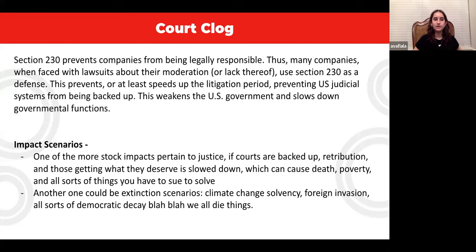But when you affirm the resolution and you have all this influx of court cases, it takes a lot longer to get to any of these scenarios, which can be pretty detrimental considering that climate change is increasing really fast and geopolitical tensions are also increasing really fast. So it's important that as a government we can get to these things quickly and efficiently. But when you affirm, you can prevent that through the court clog argument because you're slowing down the courts. And yeah, like the diet impact, everything can lead to death if you make it.